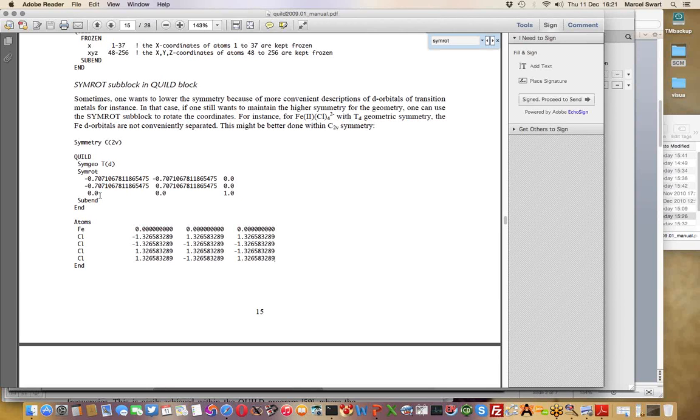These are all advanced options, but I just show them here to show what you can actually do with them. So in this case you can actually still keep the TD, so the tetrahedral geometry, but lower the symmetry for the orbitals to make sure that you don't have any problems.